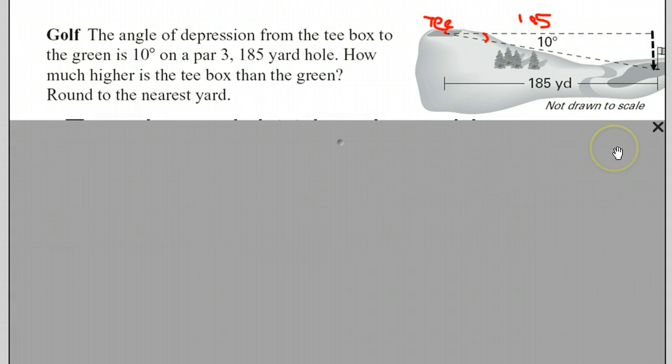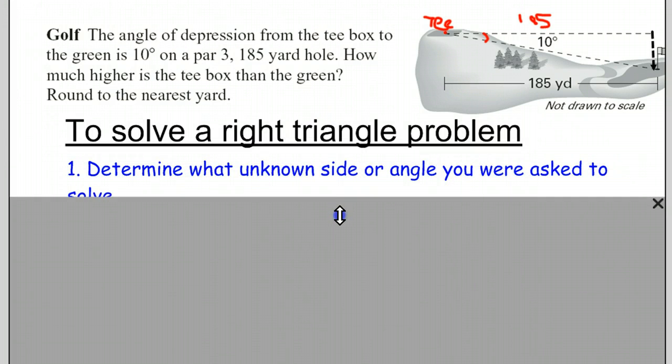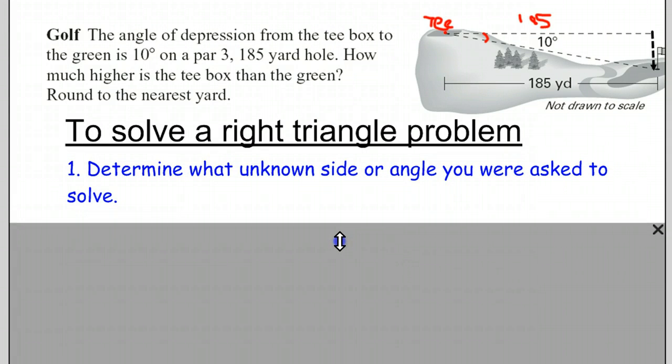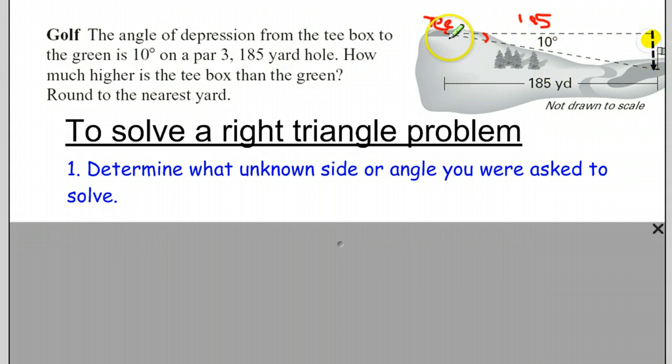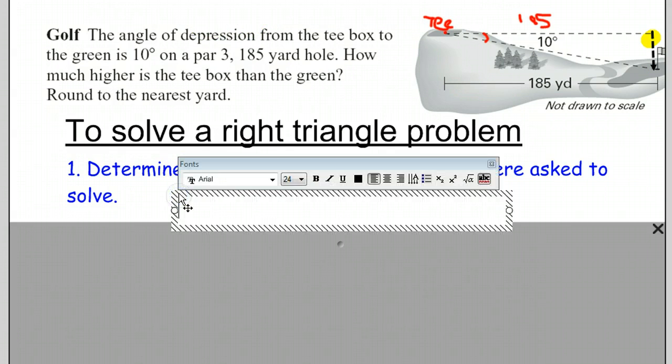There is a multiple step process that you can use to help you solve this. The first step is to determine what unknown side or angle you were asked to solve. In this case, we're asked to solve for this side, and compared to the angle they gave us, this side is the opposite side of the 10-degree angle.